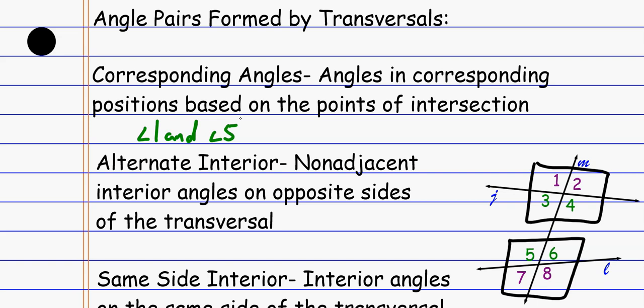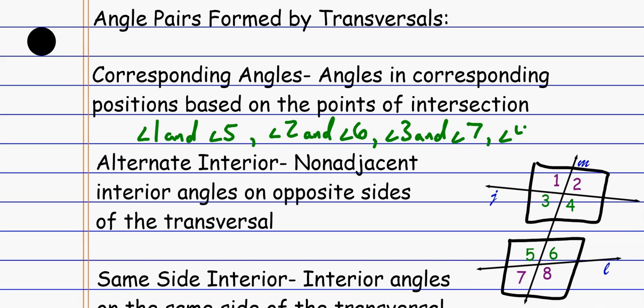Okay? Again, if I looked at that first group, up in the upper right-hand corner, I have angle 2. When I look at the second picture, the upper right-hand corner has the angle 6. So those are corresponding angles. All right. And if I kind of just keep matching these up, angle 3 is in the same spot as angle 7.